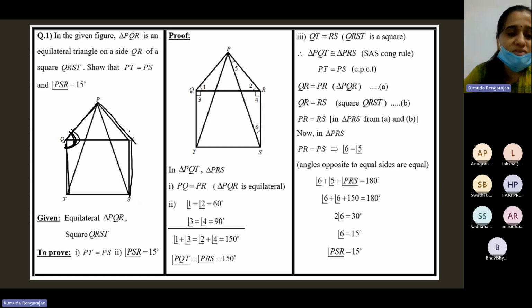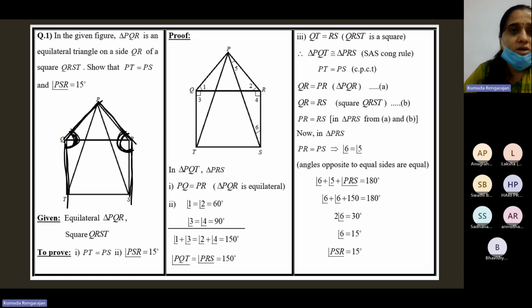So this angle of the first triangle is equal to this angle of the second triangle because 150, 150. Now you can see that for this angle, QP and QT are the arms of the angle, and for this angle, RP and RS are the arms of the angle, right?